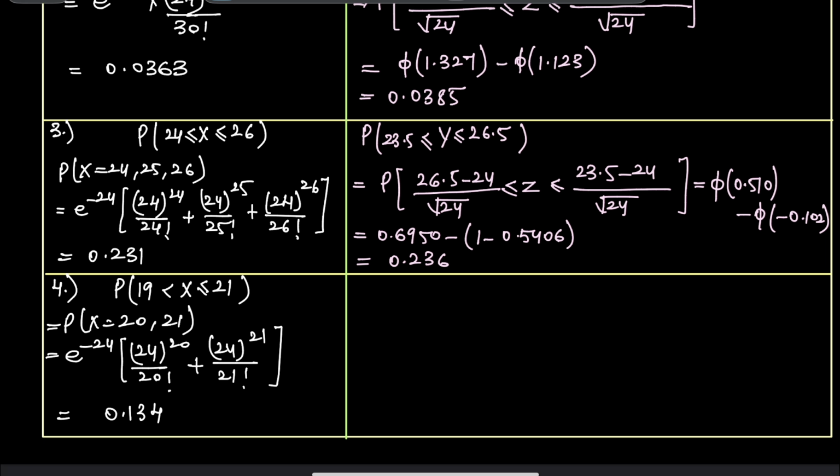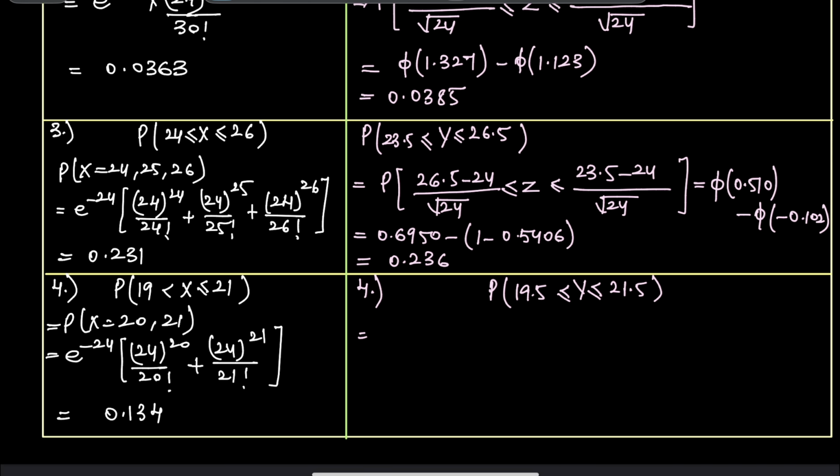Now suppose the same question is to be approximated by normal distribution, then this fourth case will be solved as probability of y greater than or equal to 19.5 and less than or equal to 21.5.